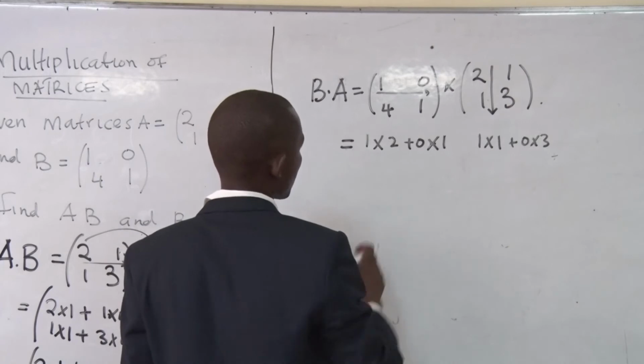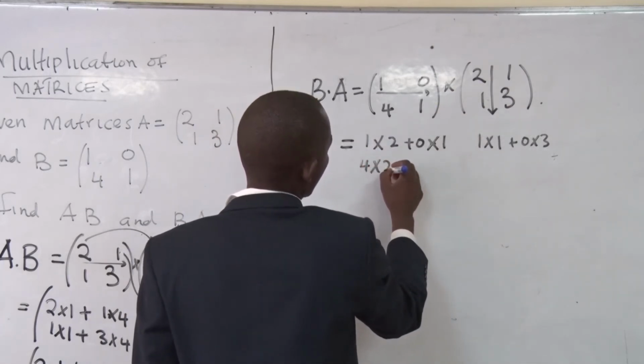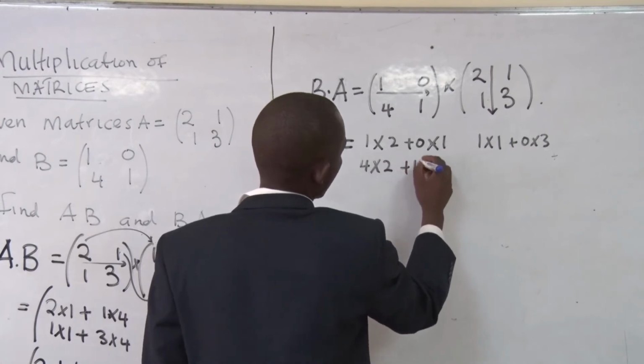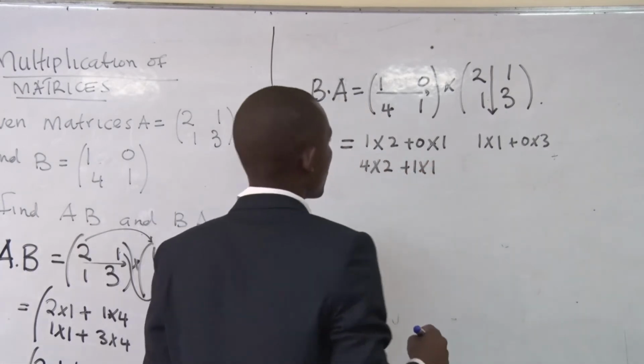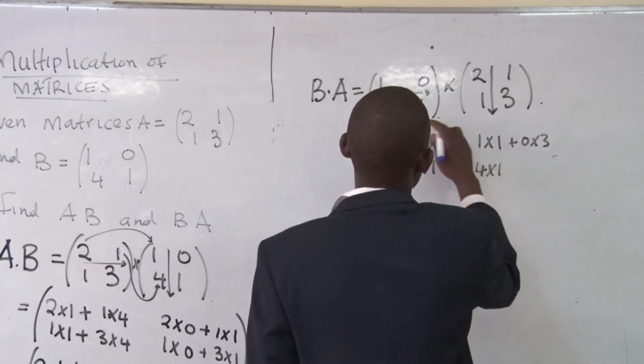We'll take the next one, which is 4 times 2, and then plus 1 times 1. The next one is 4 times 1, 1 times 3.